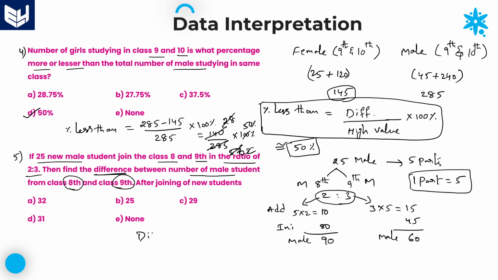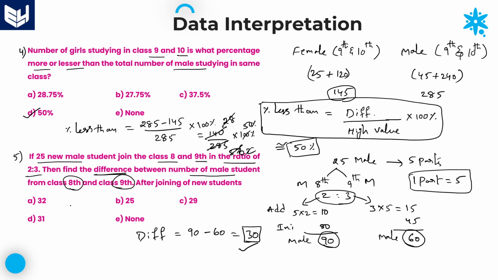Therefore the required difference is, obviously, you need to take the highest value minus the lowest value. Here the highest value is 90 and the lowest value is 60. You just subtract those two values, what you will get? 30. 30 is the required difference between the number of male students from class 8 and class 9 after joining of new students.